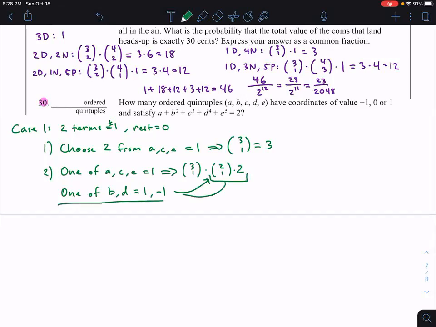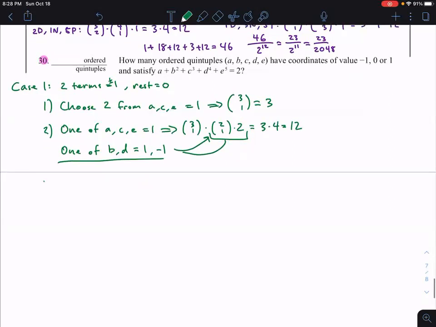For this part, you first choose whether it's B or D, and then you choose if it's equal to 1 or -1. So it's 2 times 2. This is equal to 3 times 4, or 12.